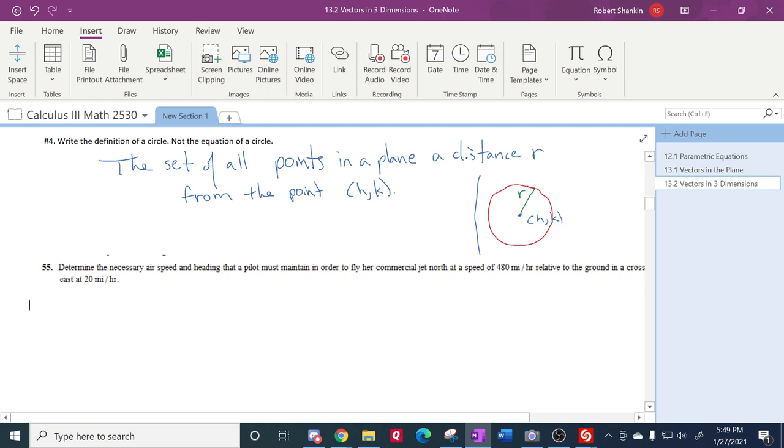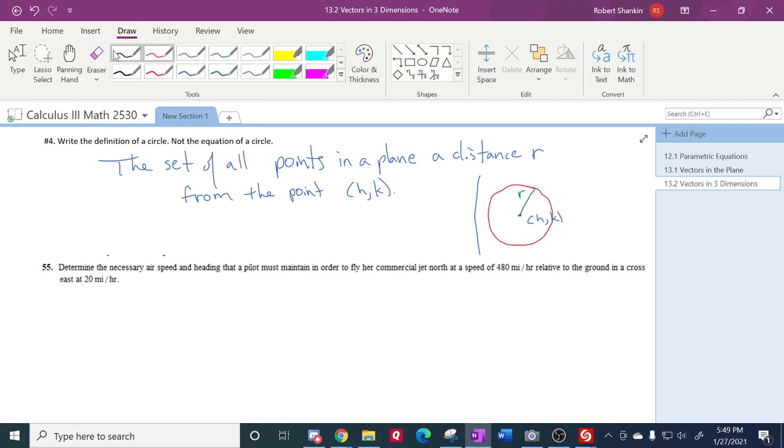And this is from 3.1. Is that right? Yeah, that's right.